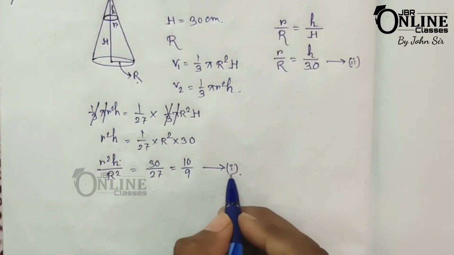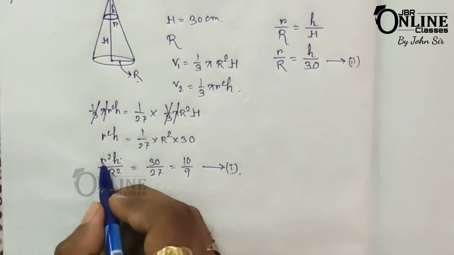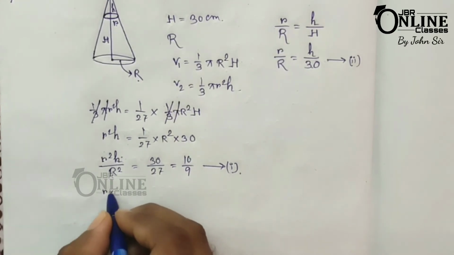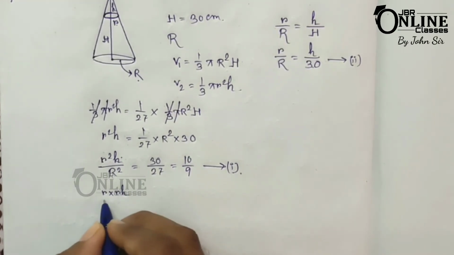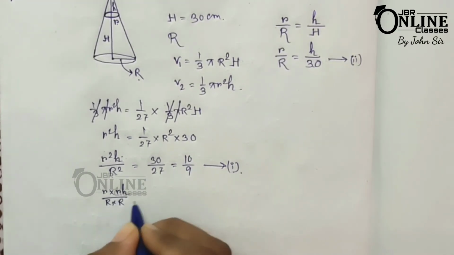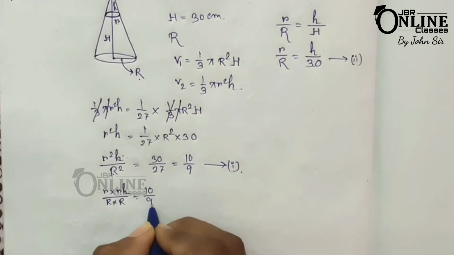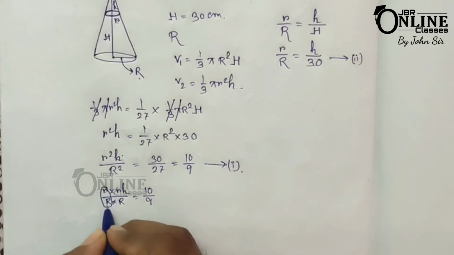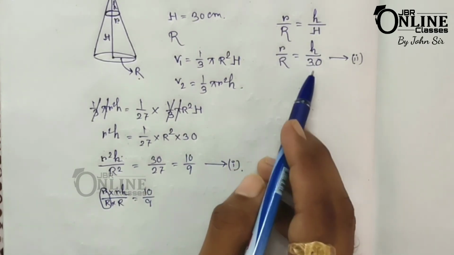Now here in number 1, r square h by R square equals 10 by 9. So r square h means r into r into h by R into R, and that equals 10 by 9. Now instead of r by R, just put the value h by 30.